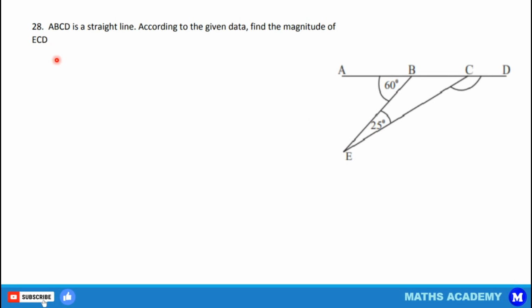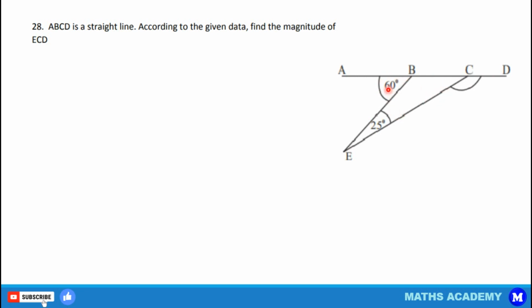Question number 28. ABCD is a straight line. According to the given data, find the magnitude of ECD. We are going to find the magnitude of this angle. So to find that, first we should find this angle. To find that angle, you should minus 60 with 25 because there is a geometrical theorem that says the exterior angle is equal to the sum of the opposite interior angles.